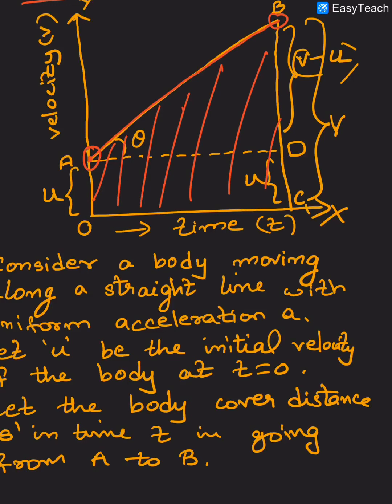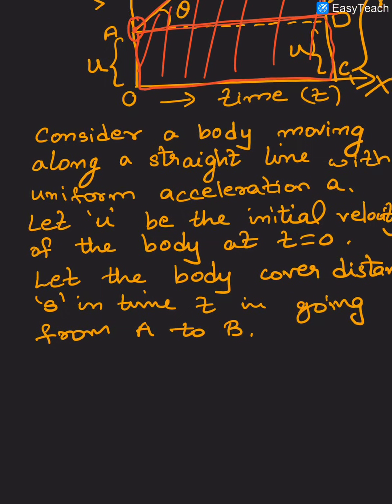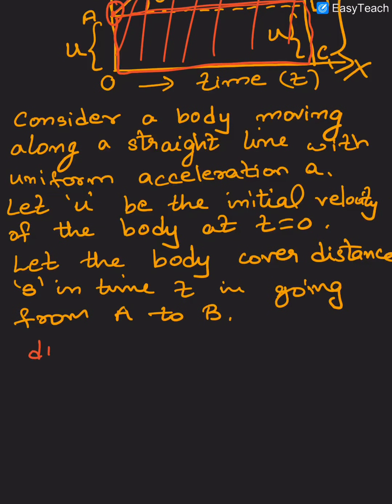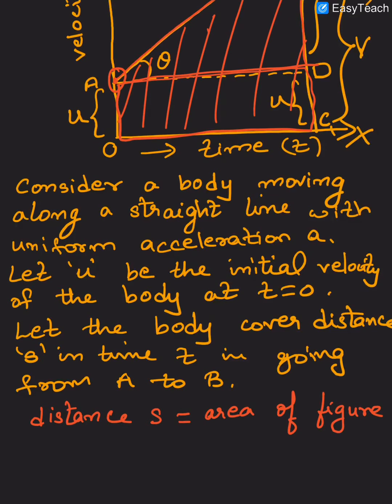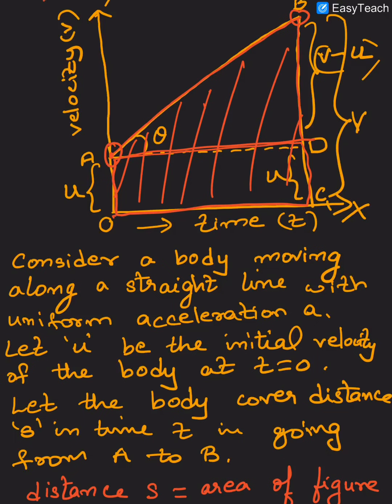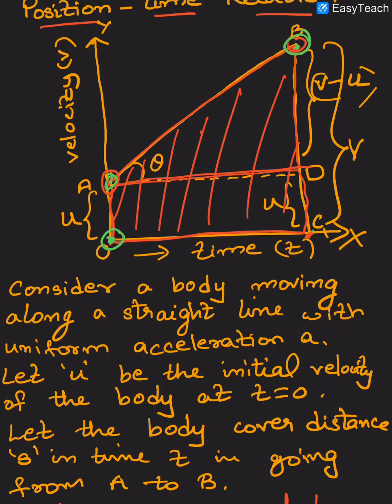Correct? Now to find the area of this portion, you can see here it contains a rectangle and a triangle. So distance covered, or distance s, is given by the area of the figure OABC.